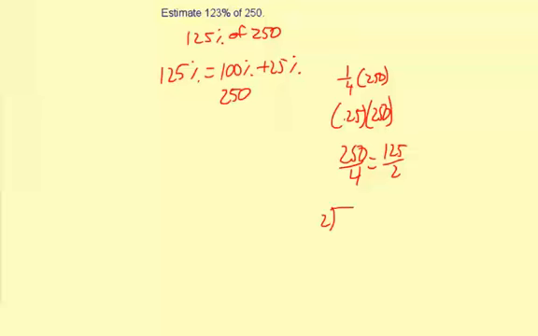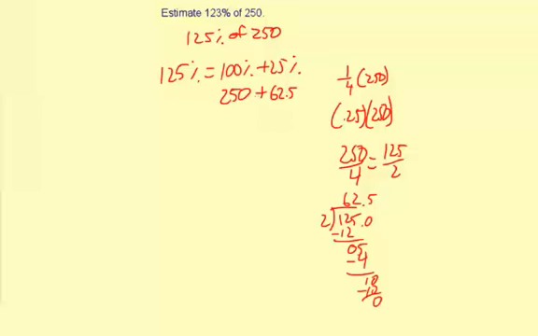So 2 divided into 125, 2 goes into 12 6 times, subtract, and you get 0.5. 2 goes into 5 twice, 2 times 2 is 4, subtract, you get 1, bring down the 0. 2 goes into 10 5 times, 5 times 2 is 10, subtract, and you get 0. So you get 62.5.